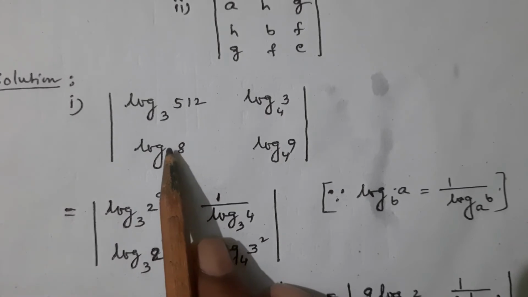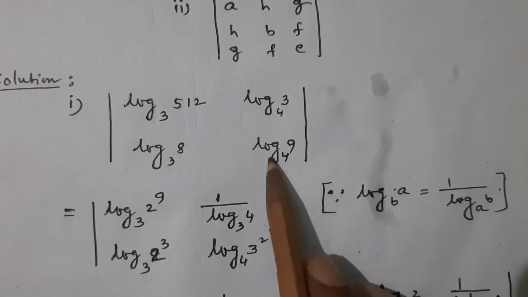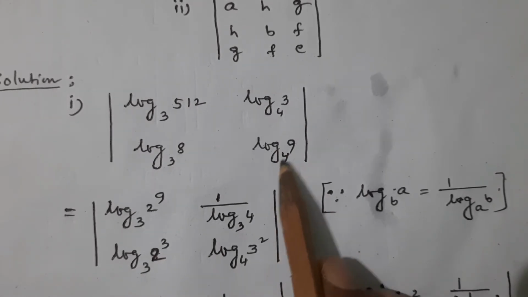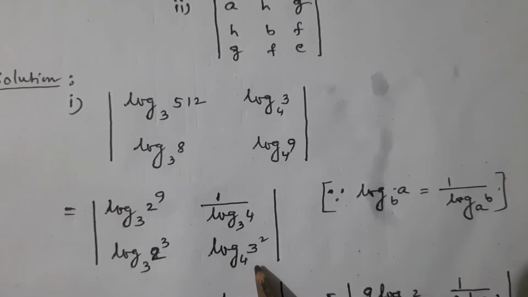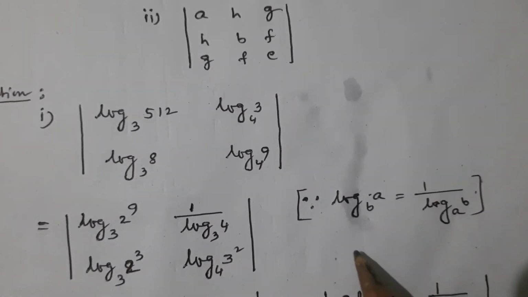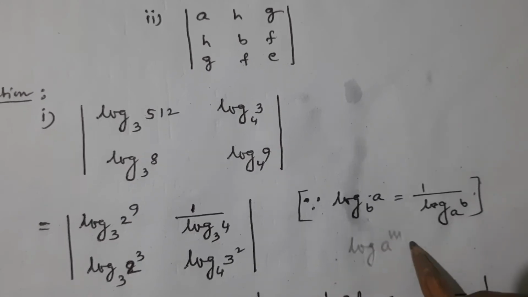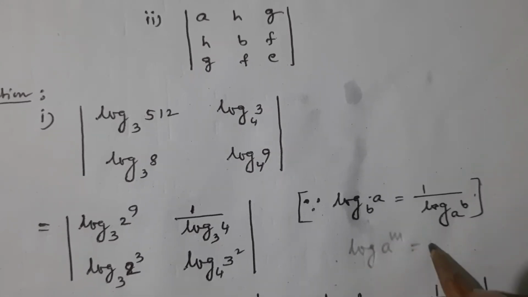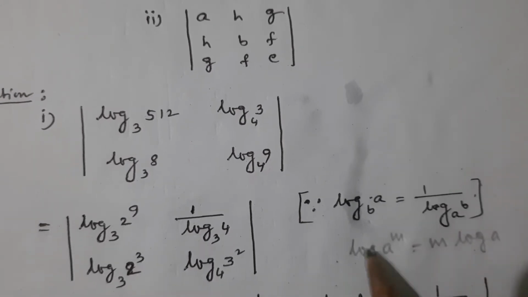Log 8 can be written as log 2 to the power 3, so log 2 to the power 3 to the base 3. Log 9 to the base 4 can be written as log 3 square to the base 4. And we know that log a to the power m can be written as m into log a, the power comes first.